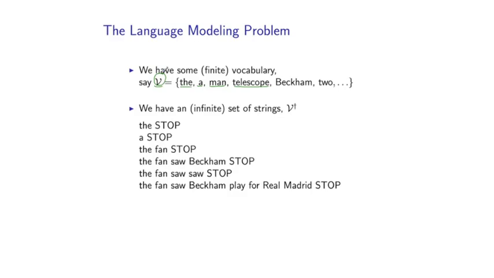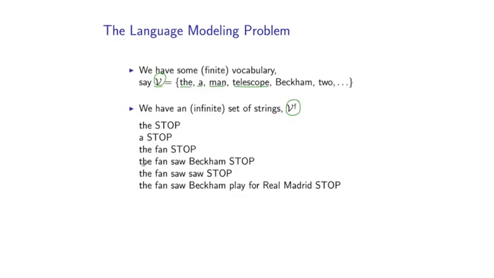So given this underlying set V, I'm going to use V dagger, this symbol here, to refer to the set of all possible sentences or strings in this language. And a well-formed sentence takes the following form.